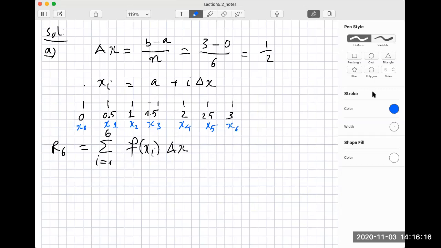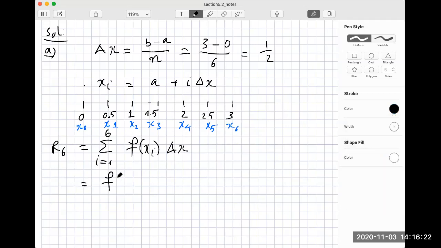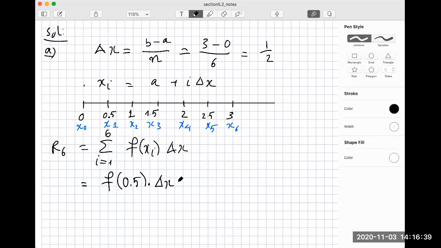So it will be f of 0.5 multiplied by delta x, which is 1/2, plus f of 1 times delta x, etc. until f of 3 multiplied by delta x, right?